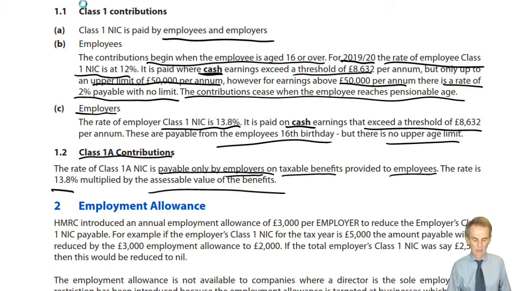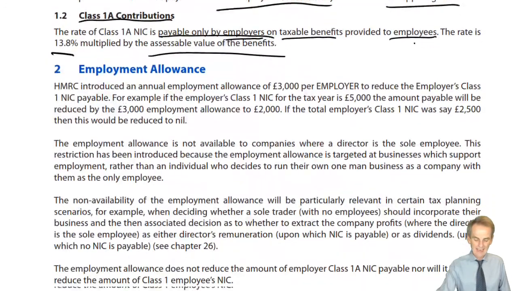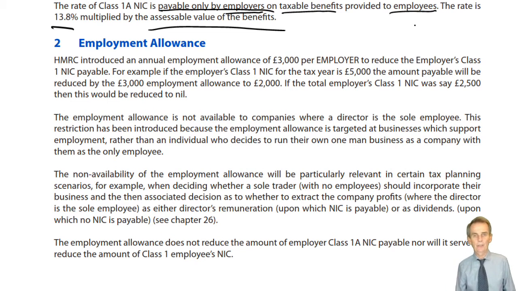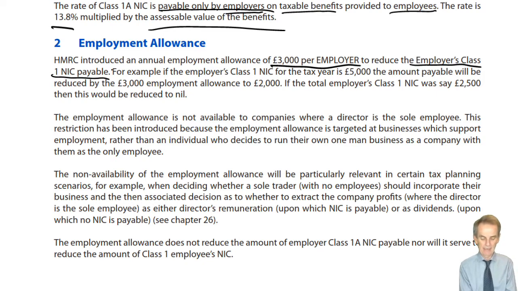Going back to our main notes here, as we have seen on the fact sheet provided, there is an employment allowance of £3,000. Now that is per employer, not per employee, and it reduces the employer's Class 1 NIC payable. And that's a reduction from the total of all of the Class 1 employers' NIC.